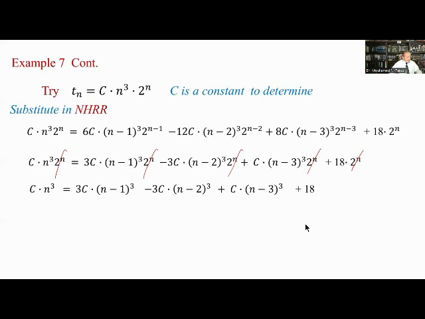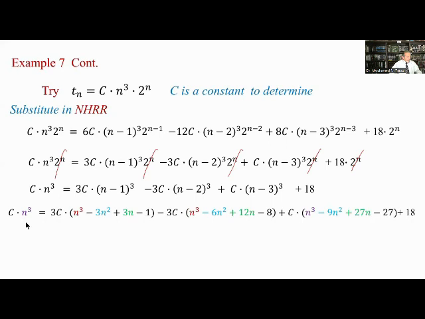Okay, and now we're just grouping terms. If you group the terms here, you have n cubed here, here 3n cubed, minus 3n cubed cancels.